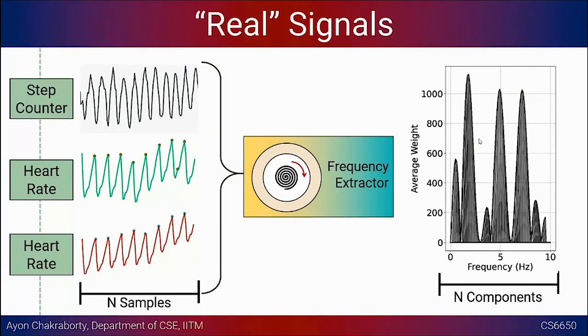If you remember, all of these are real signals, and these are discrete signals, of course. What we were trying to do is find out some sort of periodicity that exists in these signals. So the frequency extractor doesn't change. We are still going to use the same code, and we are interested in figuring out what the n components are here.